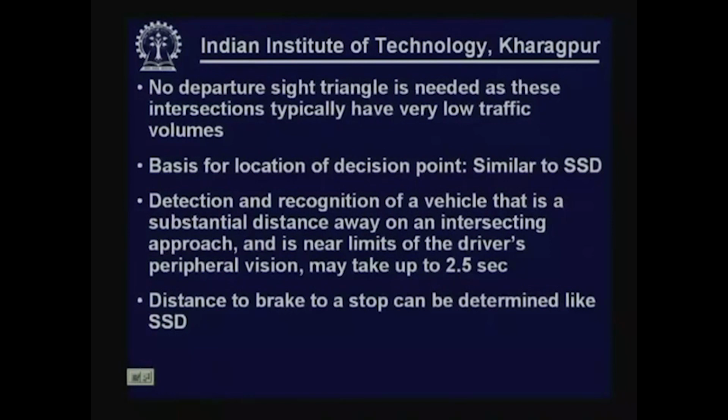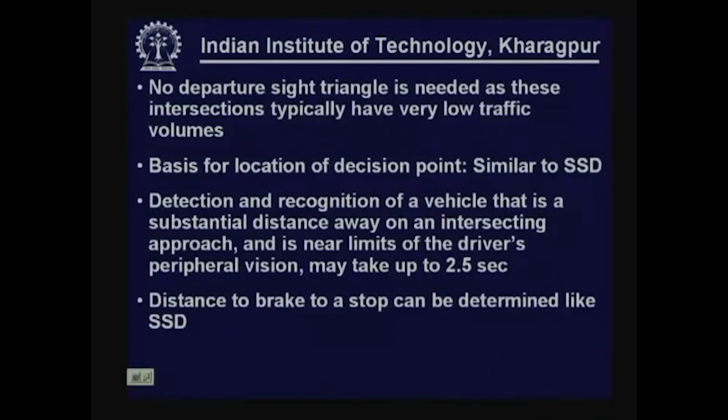Here also there are two components. One is the perception reaction time, as there was for stopping sight distance, and the other is the braking component: when the brake is applied, the distance required by the vehicle before it stops. Now, the first part: detection and recognition of a vehicle that is a substantial distance away on an intersecting approach and is near the limits of the driver's peripheral vision may take up to 2.5 seconds.